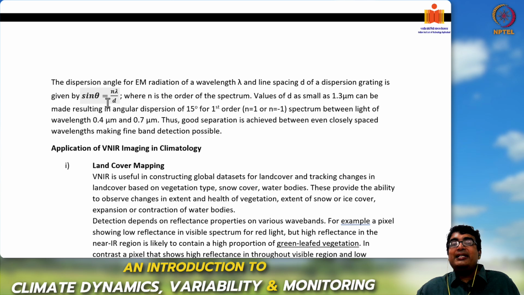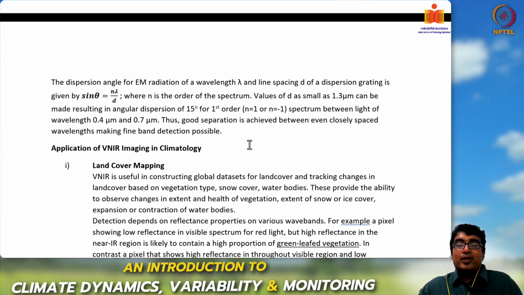So, if you put say d as 1.3 micrometers or even lower, and suppose your lambda is around 0.5 micrometers, okay, then you can see this is 0.5 and say this is 1, so sin theta is half, so theta is sin inverse half, so you will get a certain theta value. Now, if you move from 0.5 to say 0.7 or 1 micrometers, then the sin theta is 1 and you get a different angle value.